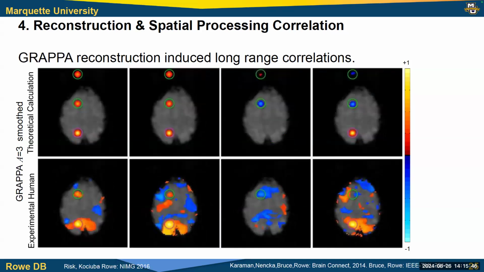Here's for SENSE. And it also turns out that this happens with GRAPPA. So you can get these long-range correlations between different disparate regions within the brain. That, of course, we're going to say, oh, this region of the brain is correlated with this region. Right? So we need to be really careful about our statements. This effect was also seen in the Human Connectome Project data by my postdoc Ben Risk, who's now at Emory.